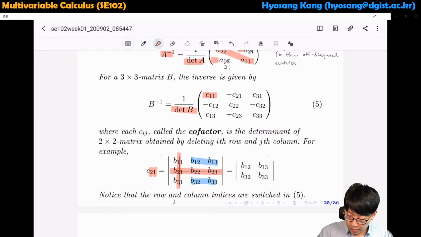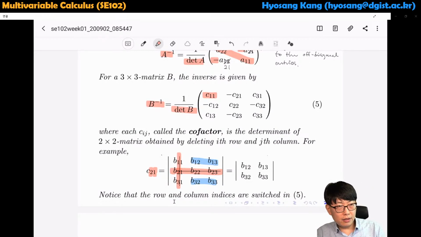Now, the important thing about this Cij is that when you take the inverse matrix of B, Cij is not the ith row, jth column entry of the inverse matrix. Cij is the jth row, ith column entry. So you switch the role of the first index and second index.